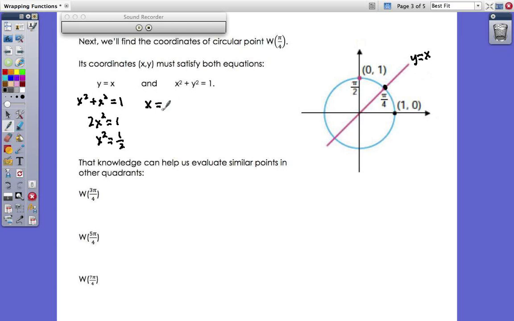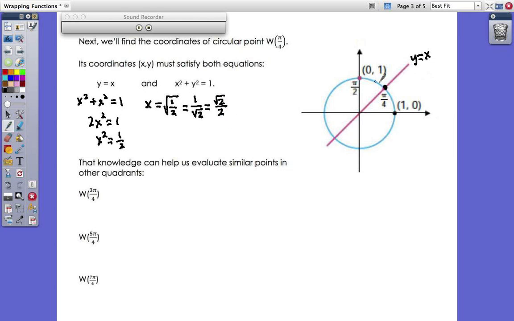Now, of course, that also means that y is the square root of 1/2 because x and y are the same. But I'm going to clean that up a little bit because most people don't call that coordinate root 1/2. Instead, they either call it 1 over root 2 because the square root of 1 is 1. Or for people who don't really like square roots in the denominators, they rationalize it by multiplying by root 2 over root 2, and they call it root 2 over 2.